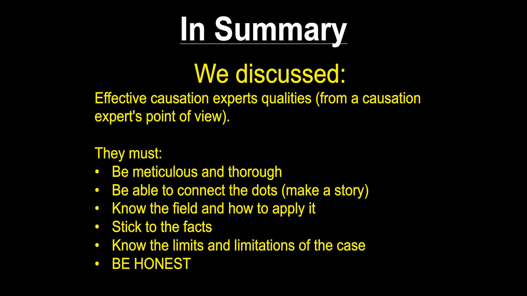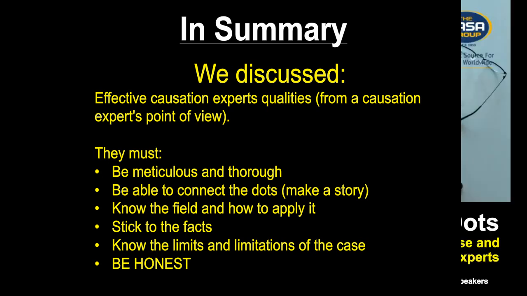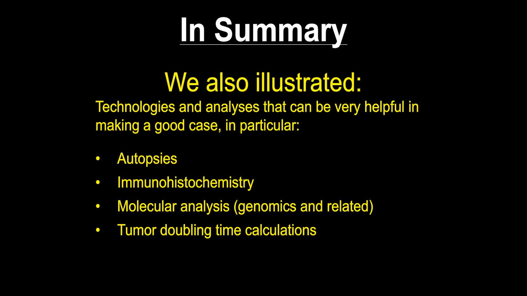So, in this discussion, we've talked about the importance of various characteristics, both temperamental and professional, of causation experts. And I've gone through them in some detail. I won't reiterate them, but I think they're clear. We also talked about the uses to which the legal system can put certain kinds of pathology analyses in terms of understanding what happened to an individual person at a point in time, how things evolved, how things came to be the way they were at the time at which the patient comes to attention.